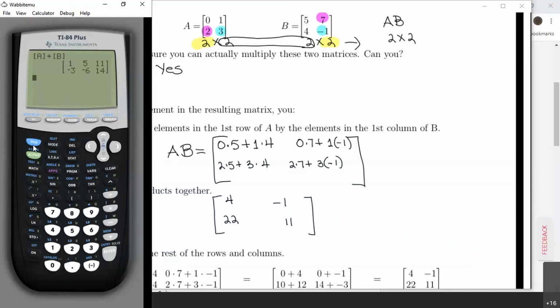So here's the way I'm going to multiply them. Go into your matrix names menu, put in A, go back into matrix names and put in B right next to it. See, no operation symbol needed. The calculator knows I mean matrix multiplication because A and B are matrices. All right, and you can see I got the same value that we got by hand.